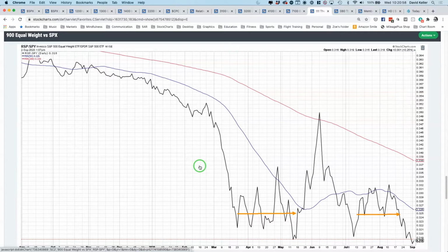So if Amazon is up or down meaningfully during the day, that will cause the XLY to be up or down meaningfully based purely on the movement of Amazon, not on the movement of the average consumer discretionary stock.